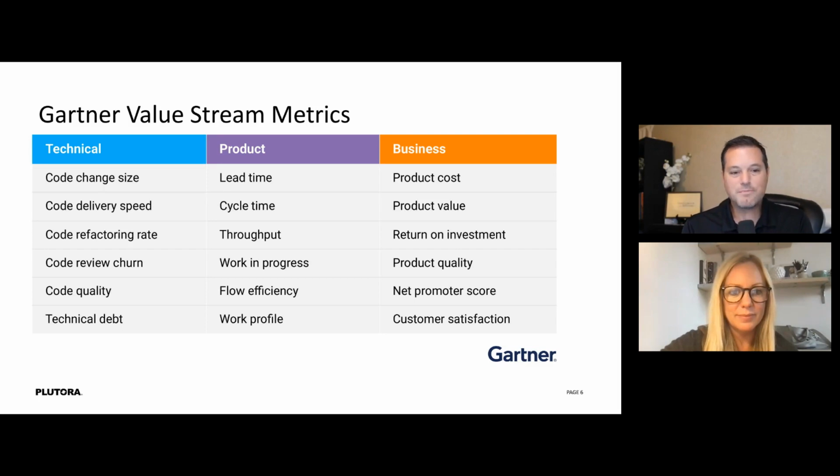There was a landmark article or research note written by Peter Hyde that I thought was phenomenal. It's been rewritten and republished in a number of different angles, but basically it's about analyzing DevOps through using value stream metrics. And he broke down 3 sets of metrics as part of this article. 3 different kinds of personas with a technical, think of it a la dev manager lead, let me evaluate my code.